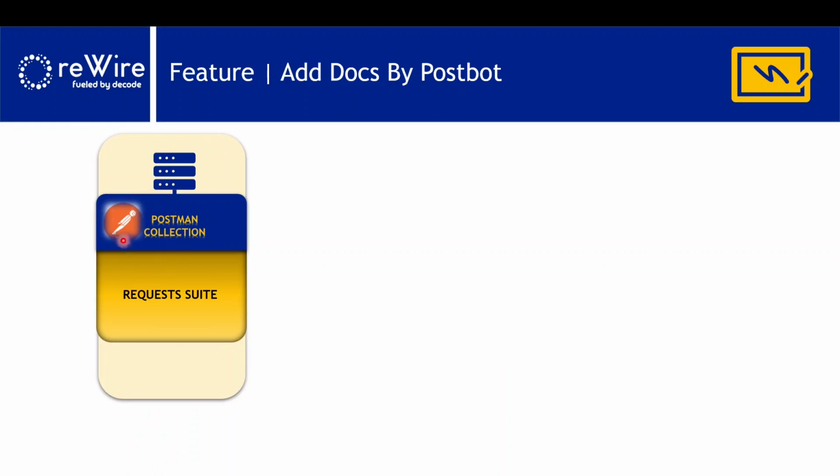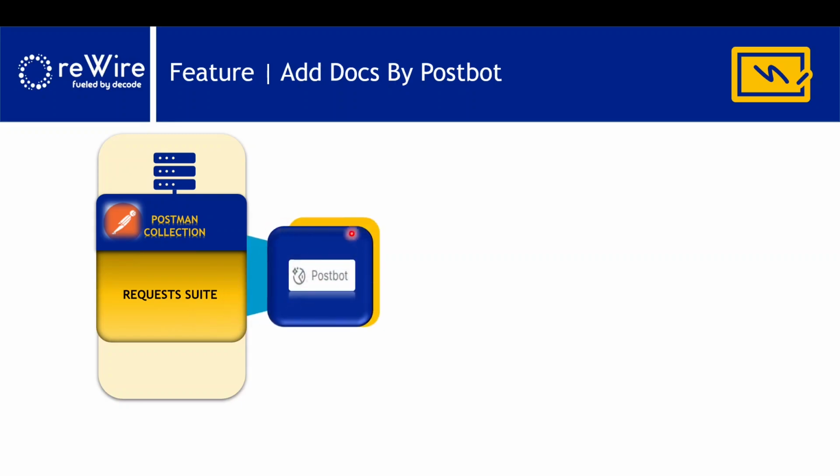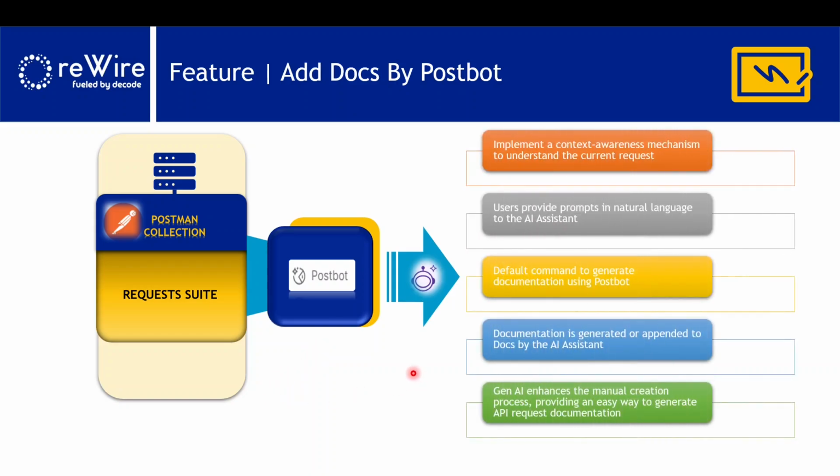So the prerequisite is we have a Postman collection, the request suite is there. Postbot will be integrated with this particular platform. What will it provide? The first one is, as I told you, implement a context awareness mechanism to understand the current request.